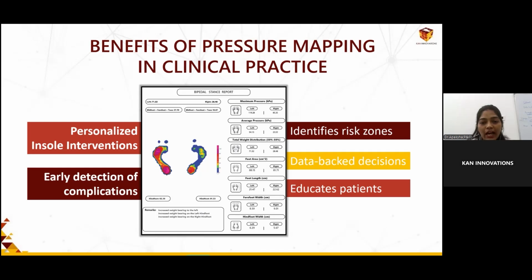Now you can make a data-backed decision to improve his treatment plan. You can educate the patient about what is coming in the future, his prognosis as well. You can detect ulceration or his foot condition earlier, beforehand. You can personalize his insole intervention with the help of plantar pressure in your clinical practice.